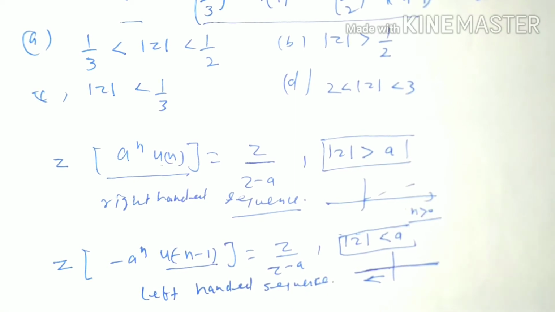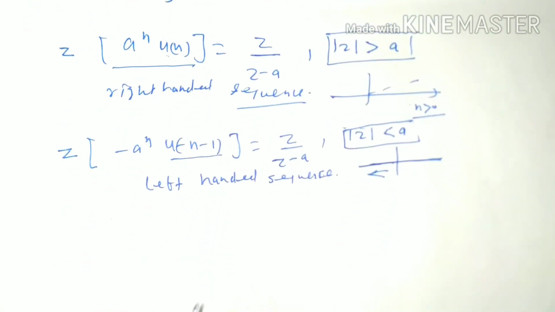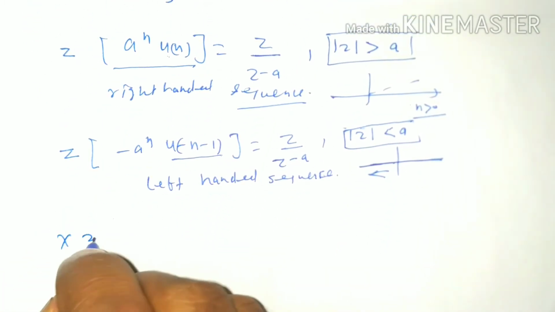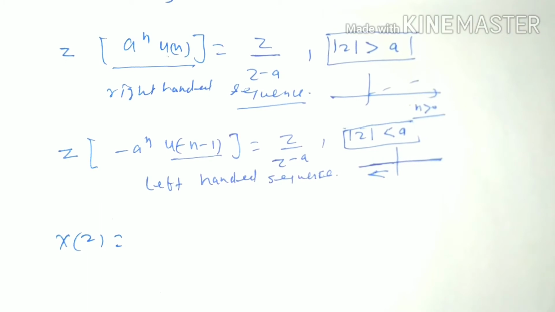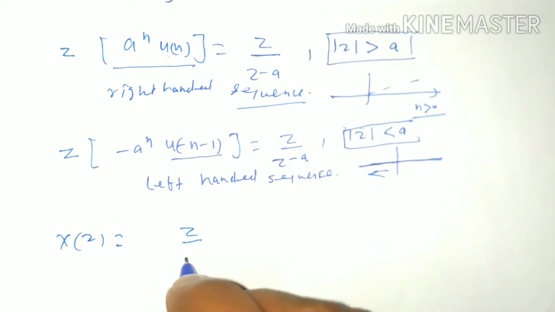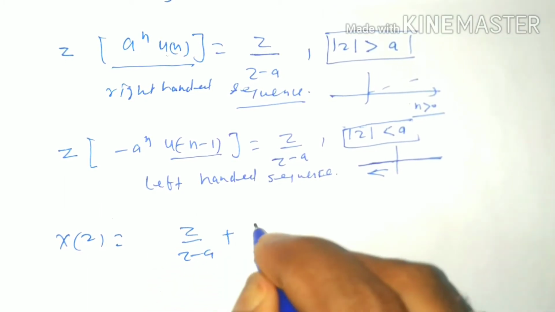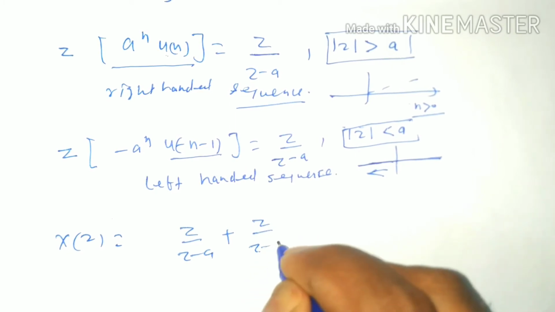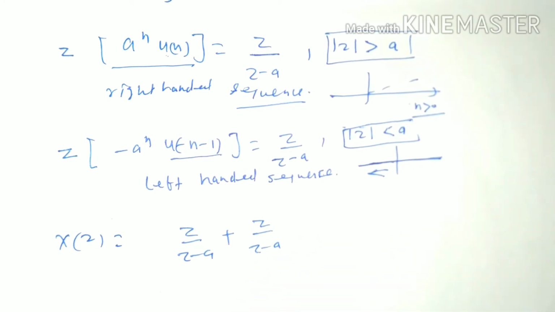So the Z transform of the above question, X(z), will be Z by Z minus a plus Z by Z minus a.